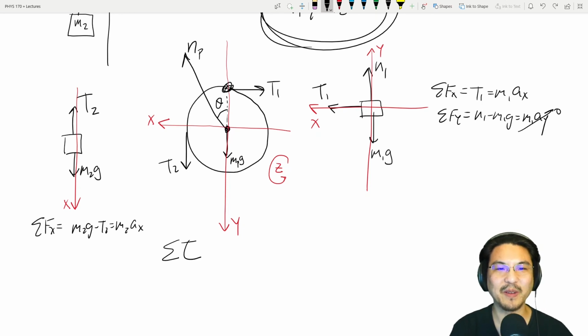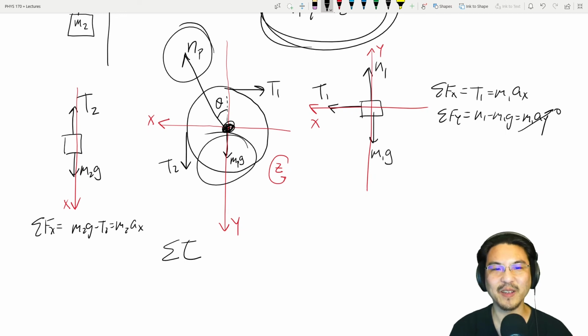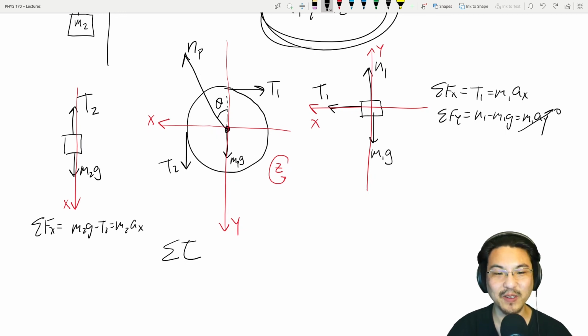Because if you sum torque about here, this tension doesn't produce any torque. If you sum torque about here, this tension doesn't produce any torque. But if we sum torques about here, the normal force doesn't provide torque, and the weight doesn't provide torque. So I think that's a clever choice, to sum torque about the center of mass.